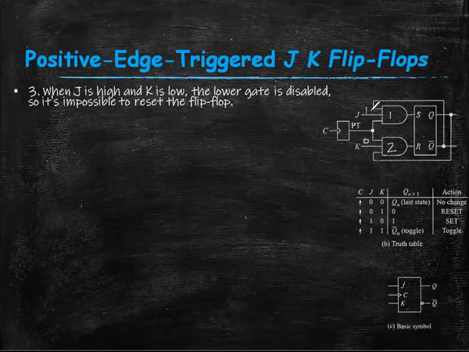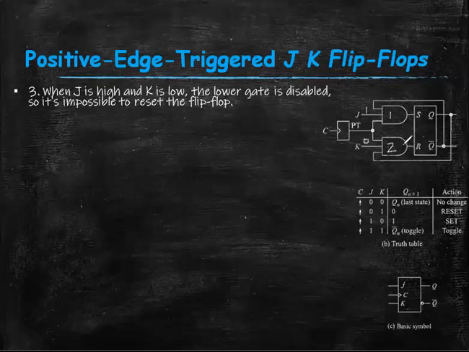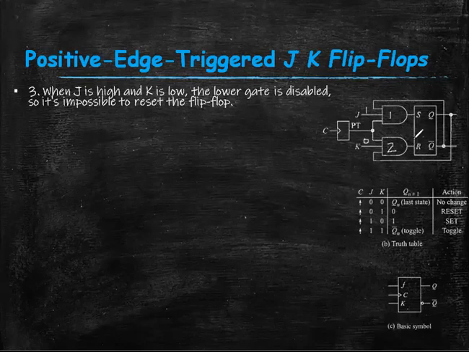Here it is the first AND gate. As J is equal to 1, the only possibility is to set the flip-flop, as one of the inputs of the lower AND gate is 0, so the output of the lower AND gate must be 0. Then there is no possibility to reset.